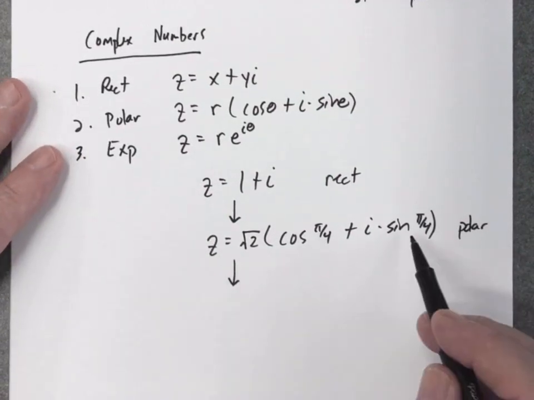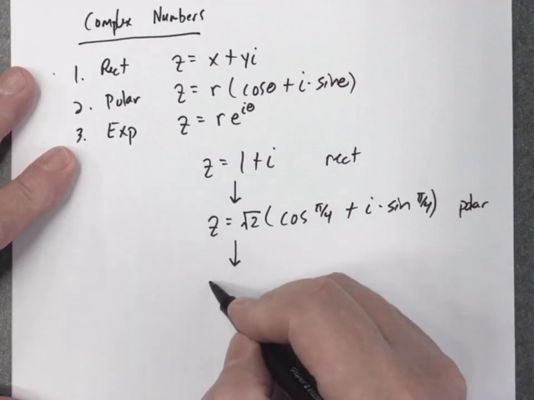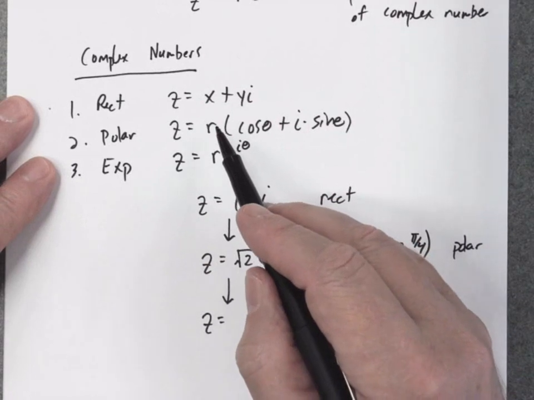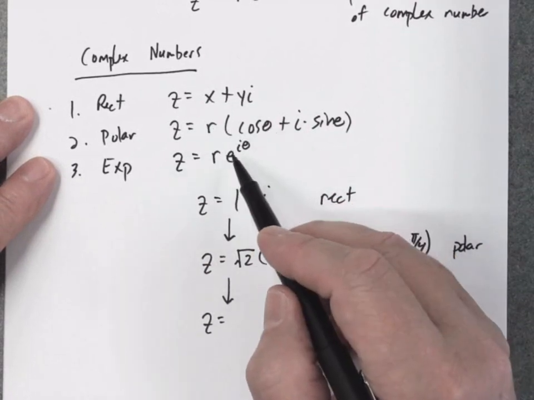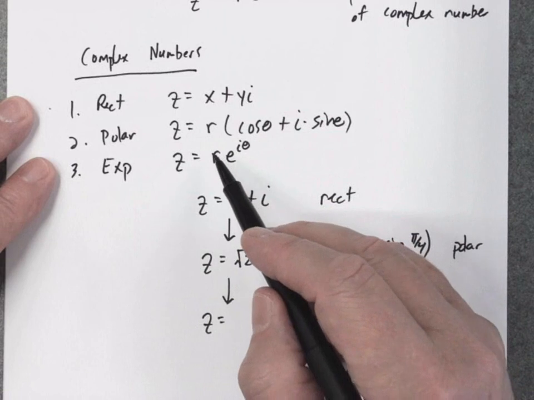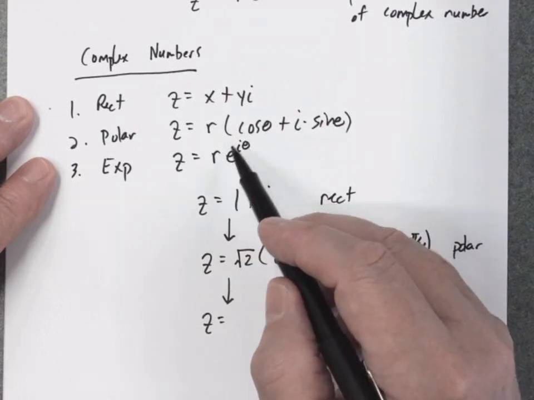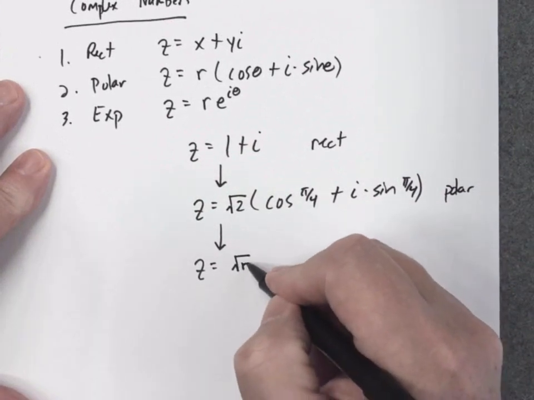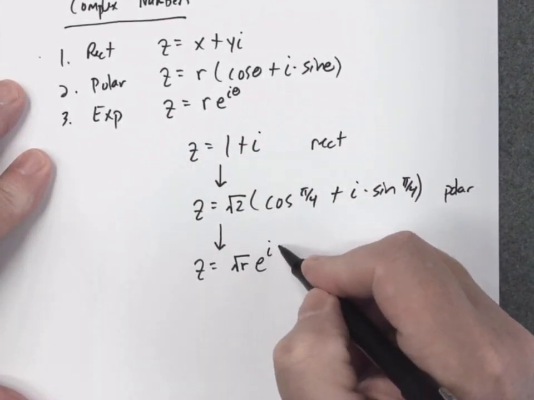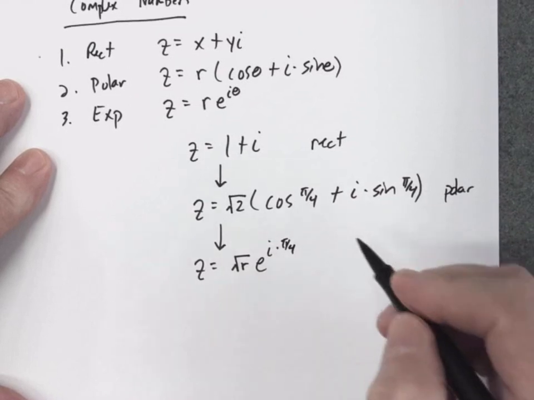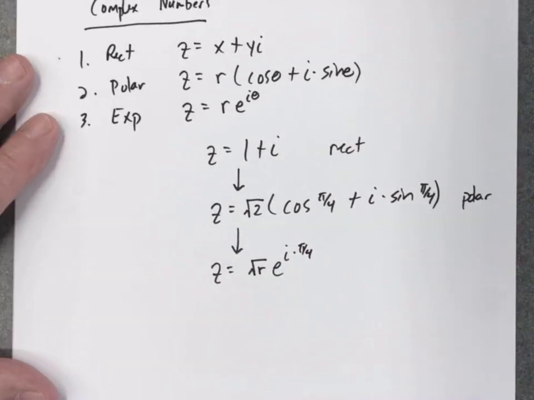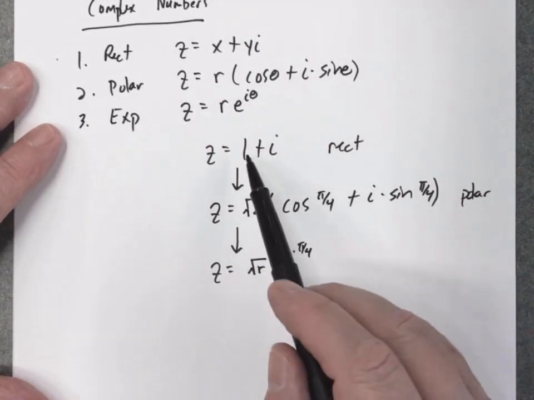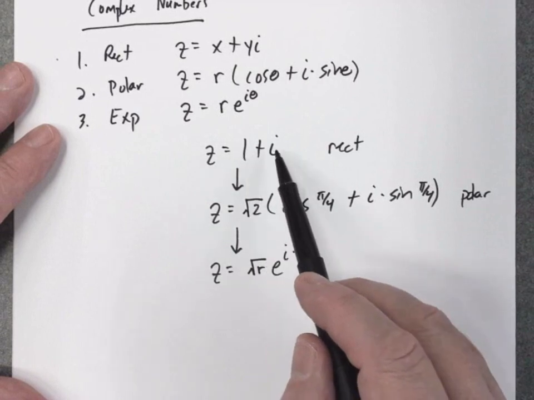Now going from the polar form to the exponential form is very simple, because in the polar form, you have r and theta. We have the same thing in the exponential form, r and theta. So it's a matter of just copying down these numbers. So the exponential form, you write r e to the i theta. So when you do some problems, they're going to give you a complex number in rectangular coordinates.